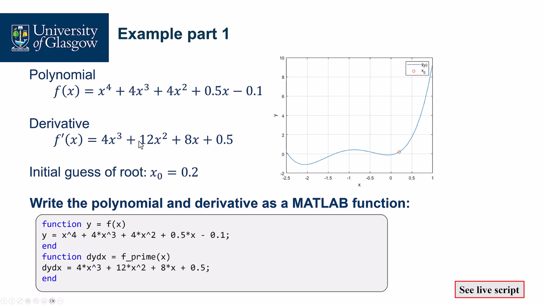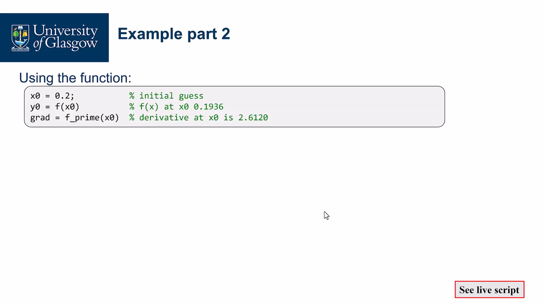So this one, we write this formula in. So now we know the function, we know the derivative, we can start the loop, right? We first give an initial guess, x0 equals 0.2. I calculate its f(x) value. I calculate its derivative. We call it grad. Right? So it's here. Then we can start the loop.